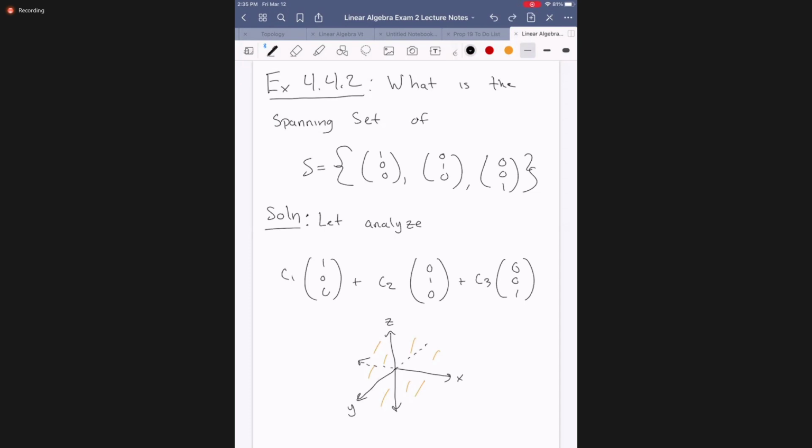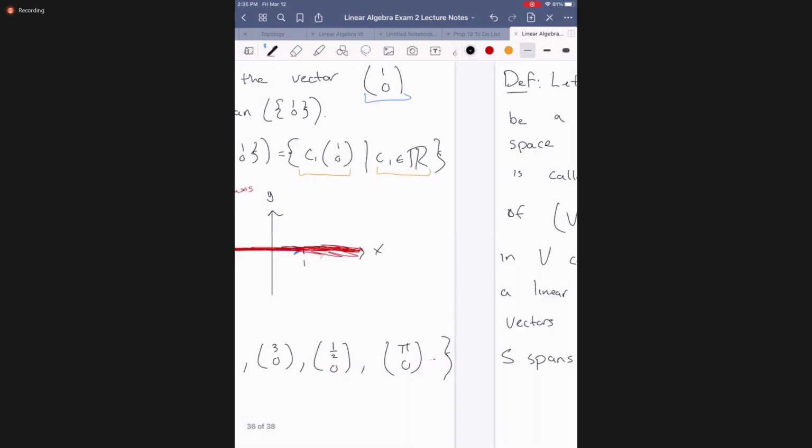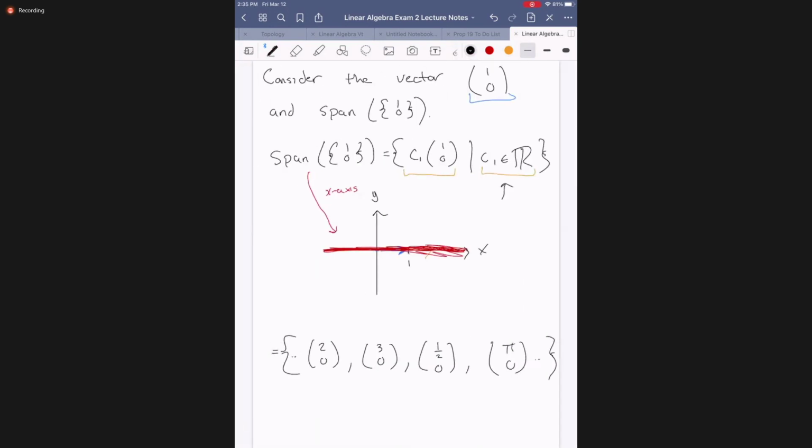Because if you combine the vectors all together, I'm just going to get C1, C2, C3. Can I choose C1, C2, C3 freely, if I'm considering the spanning set? Right, I can. This is how I did it for this one.